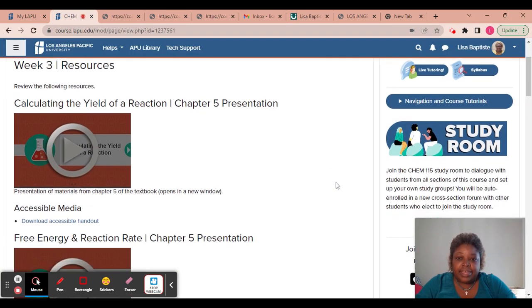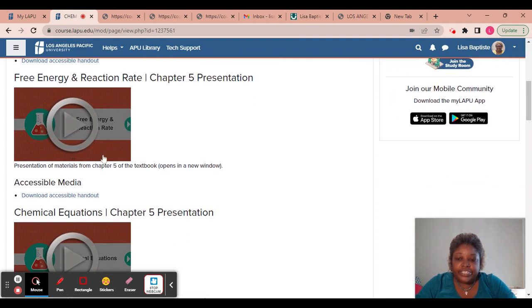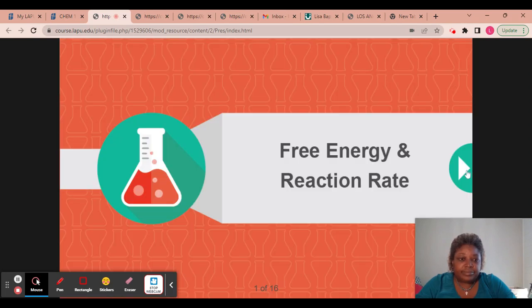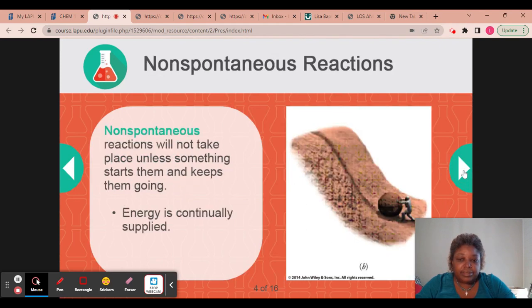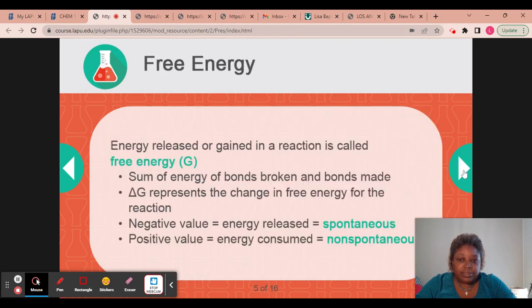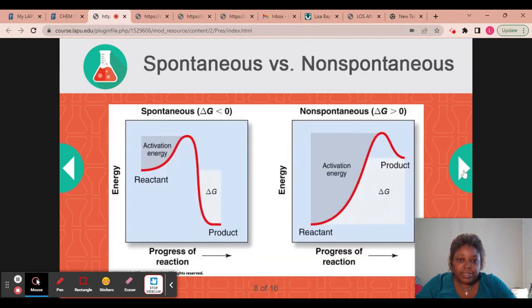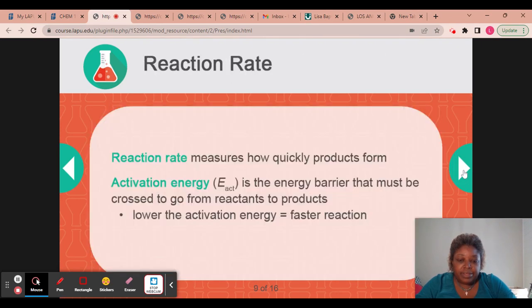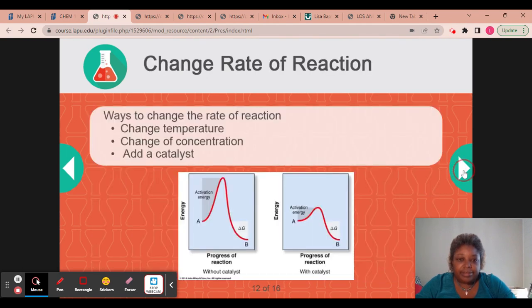All right, so let's look at what else we can find. We have free energy and reaction rate, so I want to look at that with you. I wanted to see if there was a calculation, but no, it's just the graph in terms.